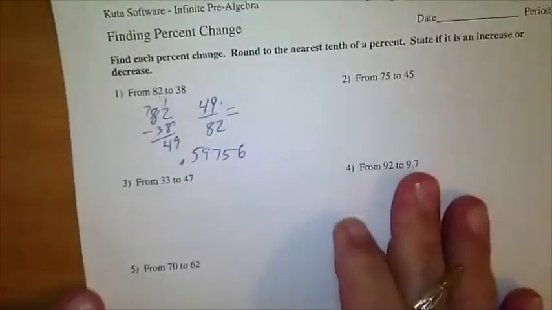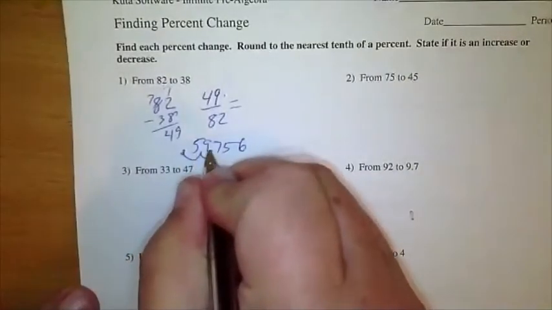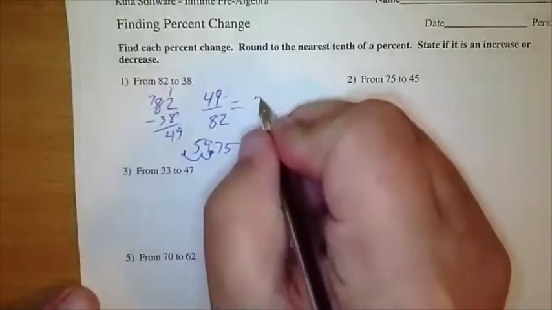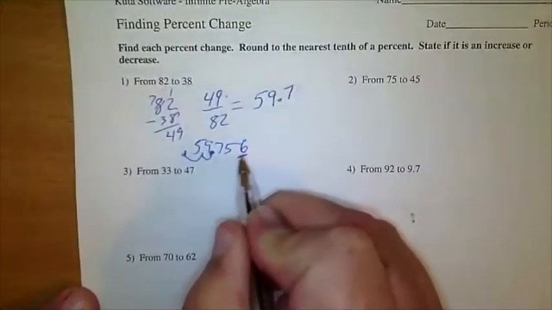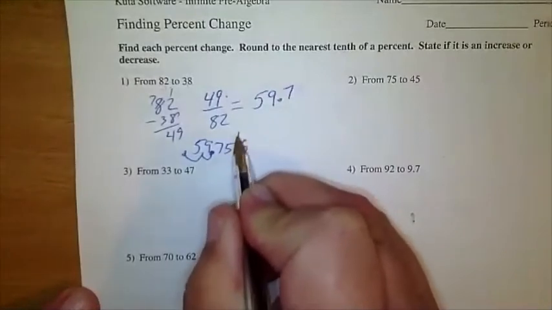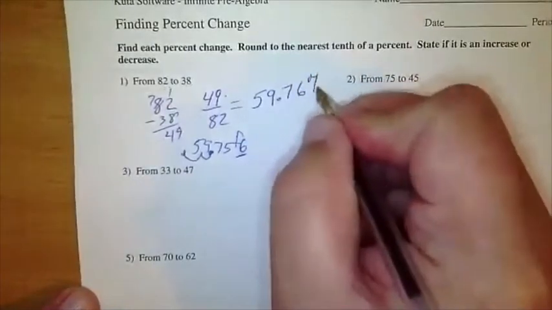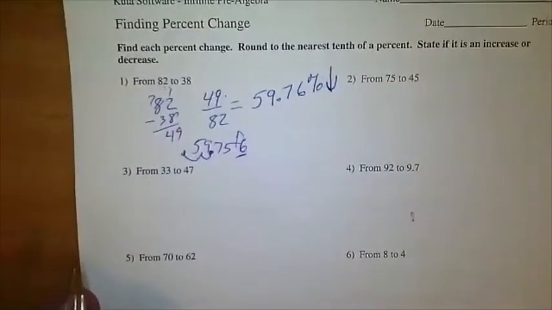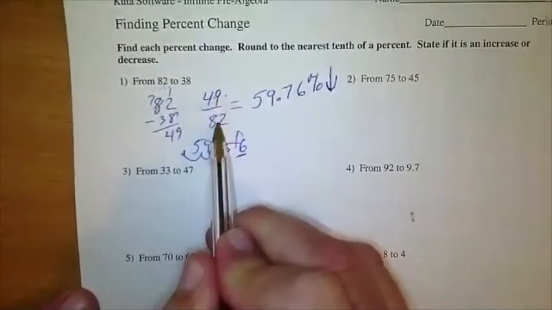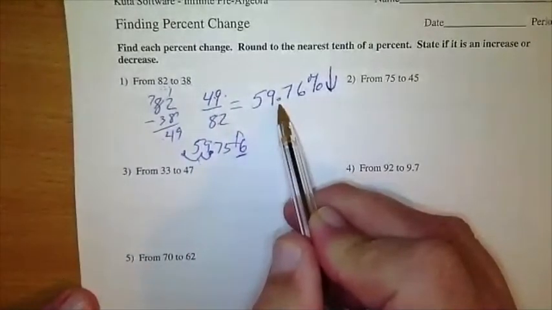So if we look at this, this is our decimal equivalent, right? So when I have a decimal, I move the decimal point 2 spaces over. So I can say that I had 59.7. Now, this is going to make that 5 go up, right? Because it's more than 4. So I'm going to say 59.76%, and it went down. So all I did was I simply did the division, converted it to a decimal that way, and then converted it to a percent, yeah?